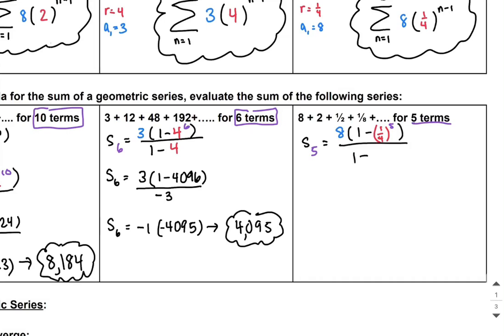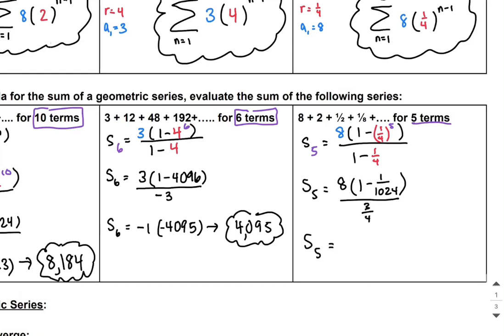All over 1 minus 1/4. And then I simplify, so don't be scared of the fractions. S sub 5 is equal to 8 times 1 minus 1/4 to the 5th power, which is 1 over 1024. I'm putting that all over 3/4. And then I get S sub 5. I don't know why I keep wanting to write 6.